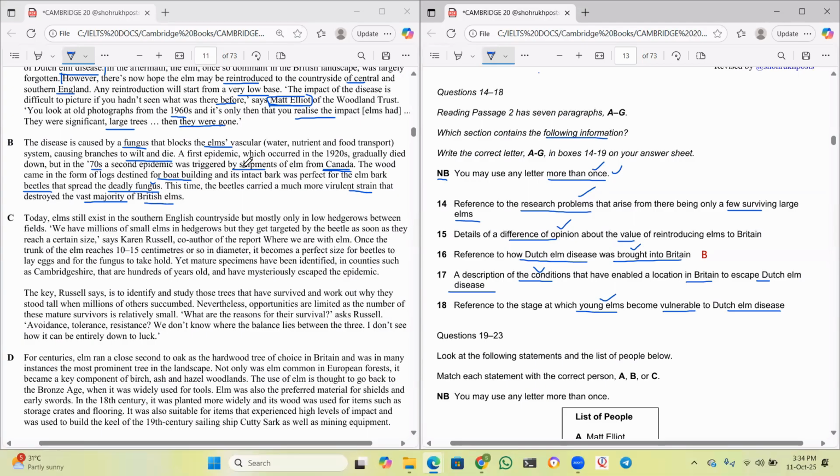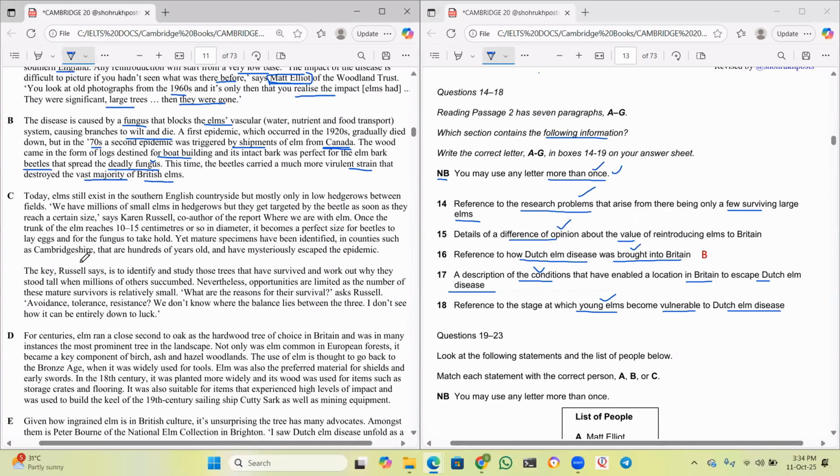No. Then, description of conditions that have enabled a location to escape the disease? Not at all. Then, reference to the stage at which young elms are vulnerable? No, we don't talk about any young trees getting vulnerable to the disease here. So I think only 16 is matching with B here. Let us move to the next one.